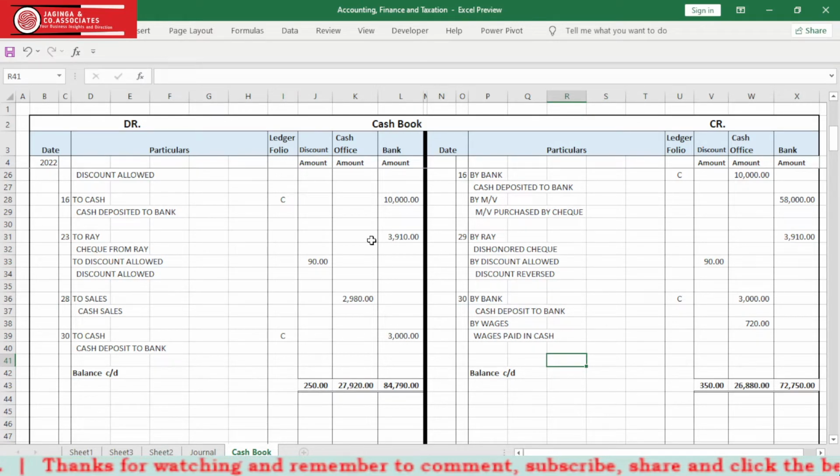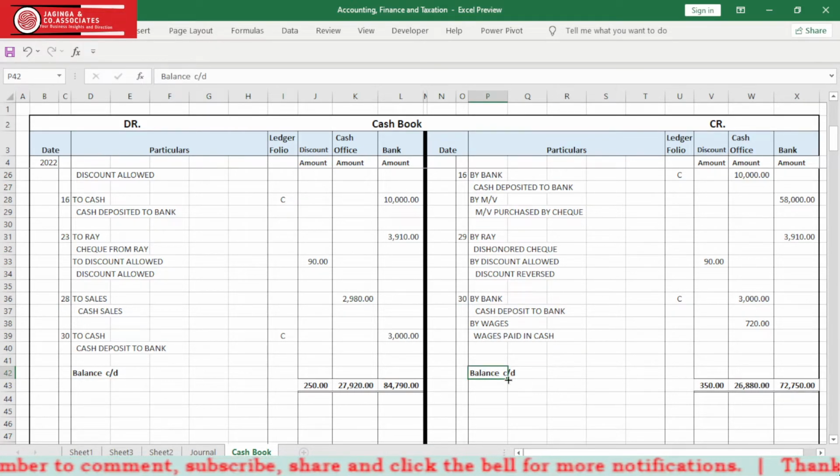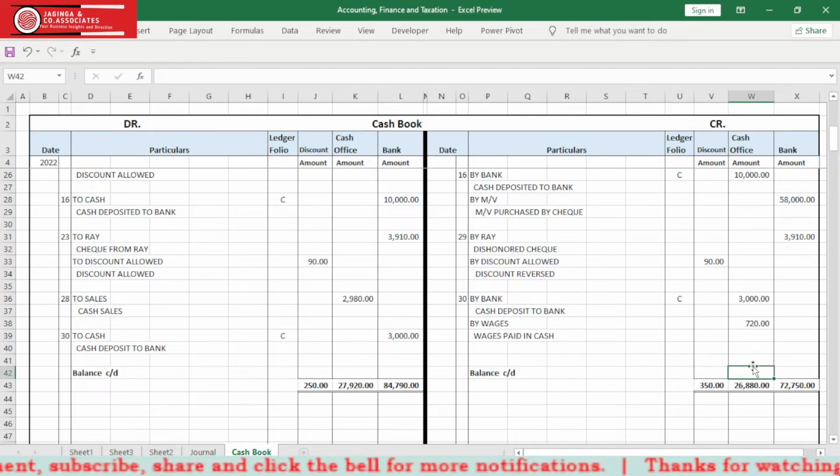So you can see here when we check on cash office and bank balances, on the debit side they are more than the credit side. So we have our debit balance. So we'll balance them by writing balance carried down here on this side. So this side will be 27,920. Um, 26, 80.